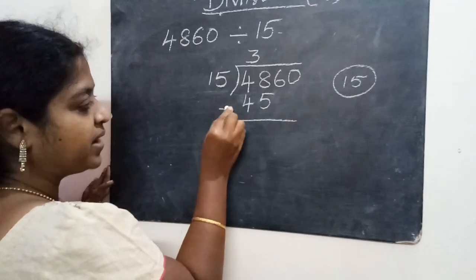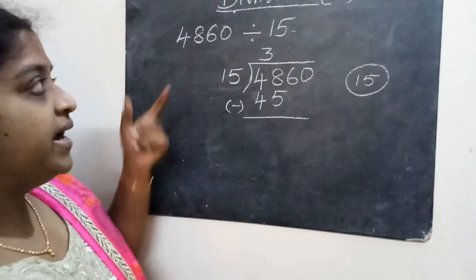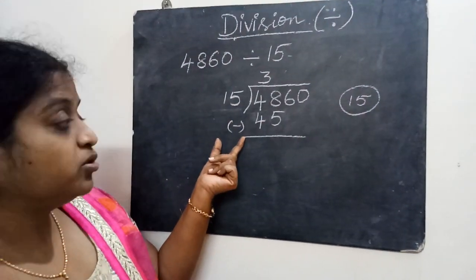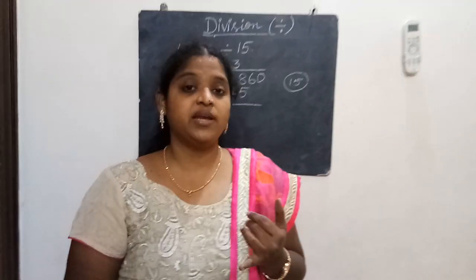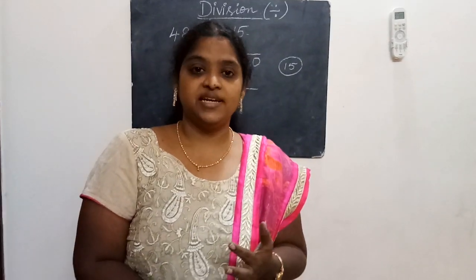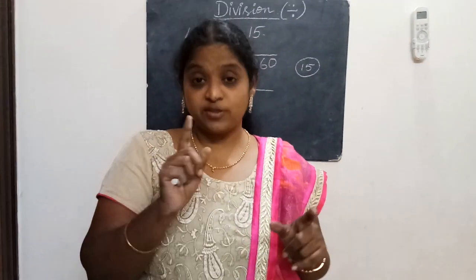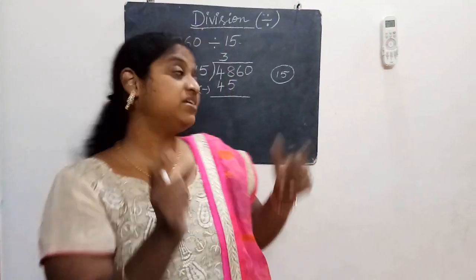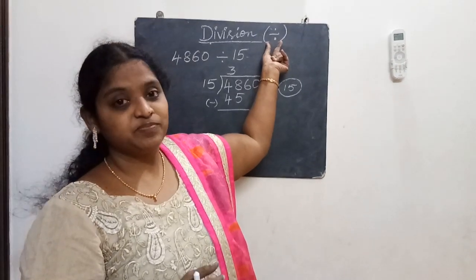And do the subtraction. Okay, in division you should do the subtraction, so you need not get confused. See, in the division symbol I told you there is one line with a dot above the line and a dot below the line. In that only you have the minus symbol.